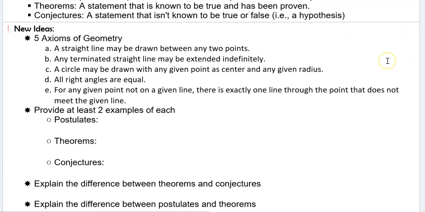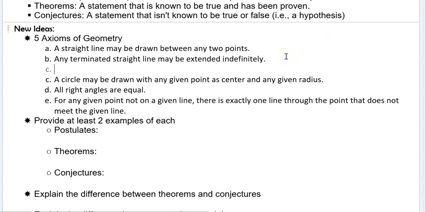So now we're going to talk about the difference also between an axiom and a postulate. Axioms are the smallest category of statements we have, and in geometry, there are only 5. In geometry, the 5 axioms are that a straight line may be drawn between any two points. Any terminated straight line may be extended indefinitely. By that they mean you can turn a line segment into a line.